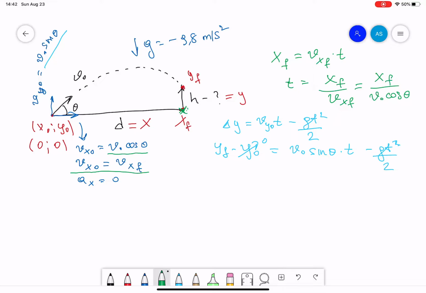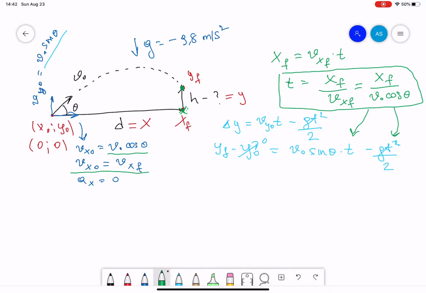Now, we got the time that it reaches the x final position, so if we substitute into t, we can get at what height the y final position is. So we plug t into the equation and we will get what we want.